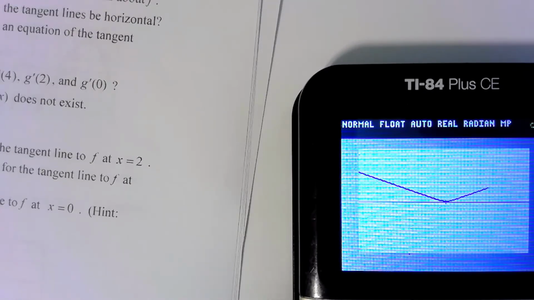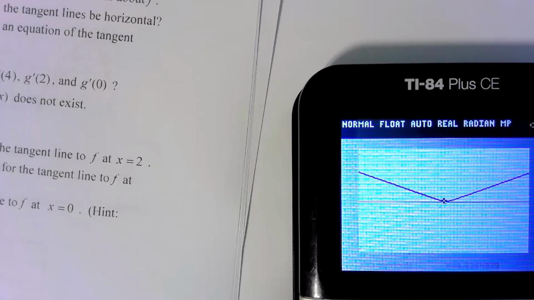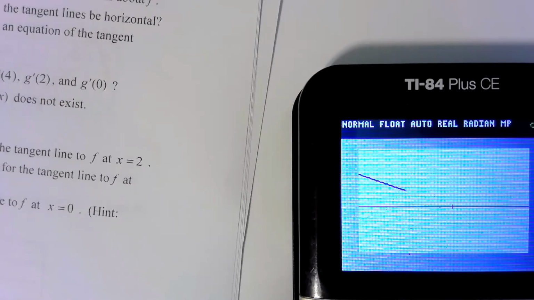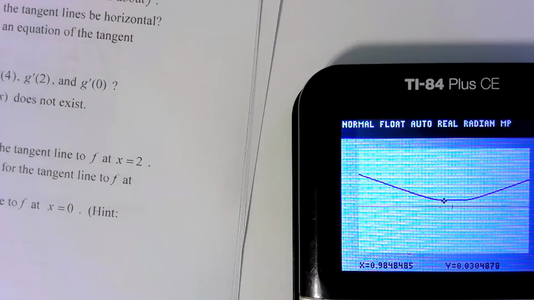And that's not a corner. Let me zoom in one more time. Ooh, look at that. That is not a sharp corner. So, initially speaking, depending on what your windows are, chances are it's going to default to a Zoom 4 or Zoom 6 viewing window. That's going to look like a sharp corner.